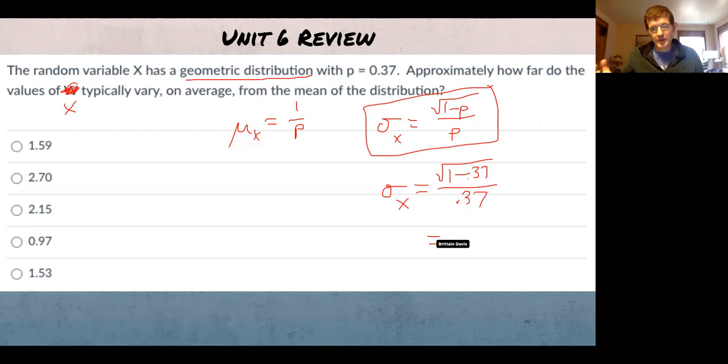And now it's just a really pretty straightforward calculation. I'll go ahead and put the 0.63 right here. And everyone can do that.